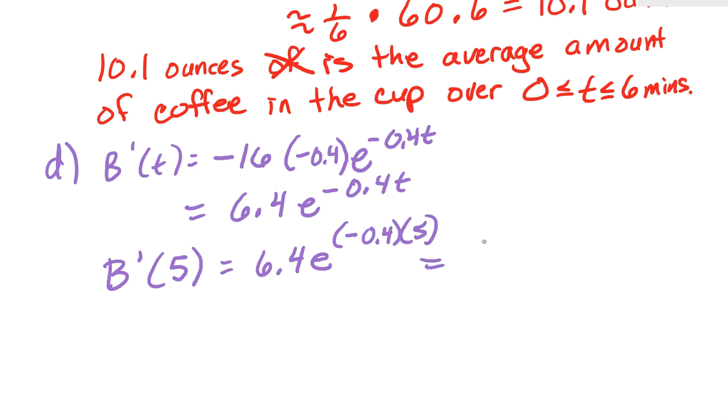So you could either write it as negative 2, or you could put 6.4 over e squared. And that is a rate. So B was in ounces, and we're differentiating here with time as our independent variable. So this would be, not ounces per time, but our unit of time is minutes, so ounces per minute. And that should do it for that problem.